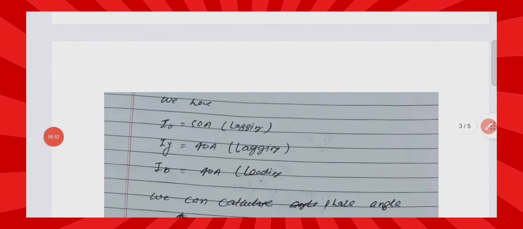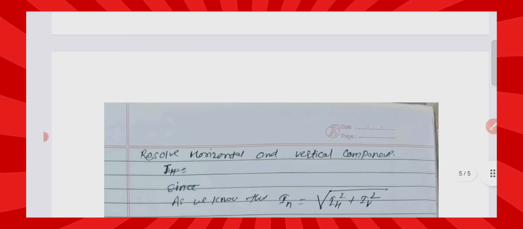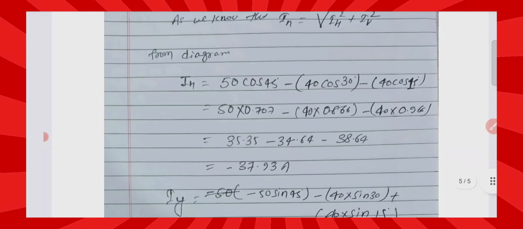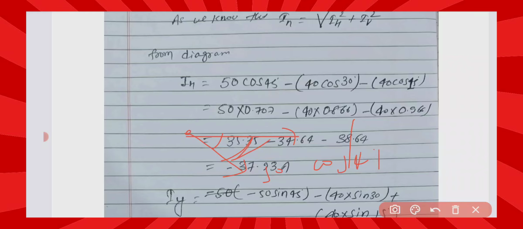So now coming to the question, we already know how to break the components. When we apply the horizontal component, this is the red, and here 45. So when we break, it will be 50 cos 45 degrees, and in this direction positive, so we already take positive.